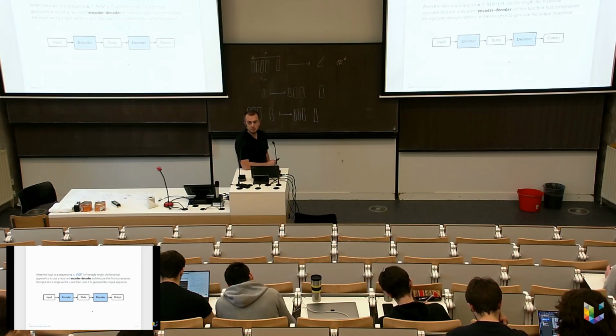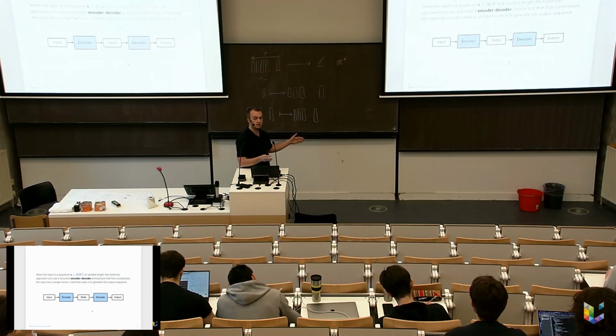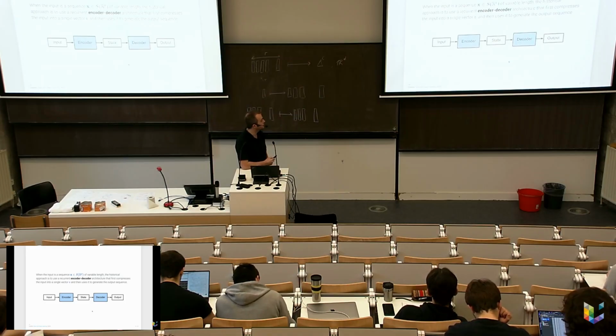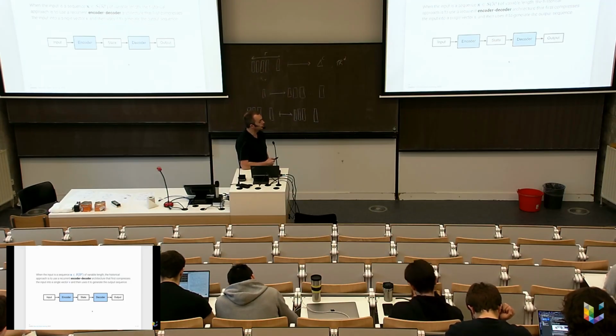You feed it to a first neural network, an encoder neural network that takes the entire sequence of some size and then produces an intermediate state as output, only one, which supposedly is a good representation of the input sequence. And then from that fixed size vector only, you produce a sequence of tokens as output, and you do that through a second neural network, which we call a decoder.